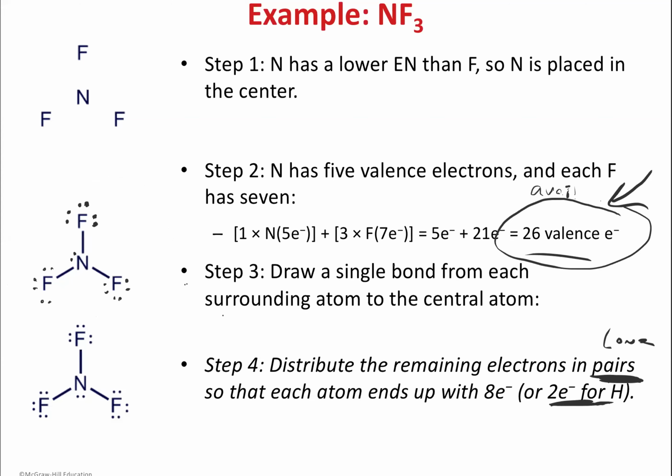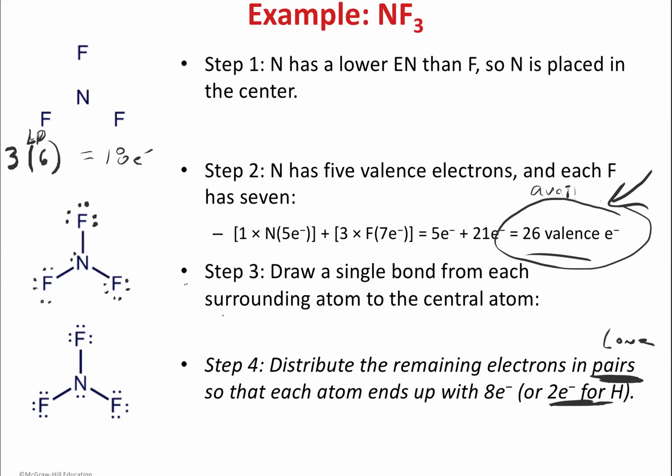Let's do that. I'm looking at this structure, and I'm thinking of the fluorines first. I've got 3 fluorines, and each of them has 6 lone pair electrons. This is LP, lone pair. They've got 6 each, so that gets me to 18.